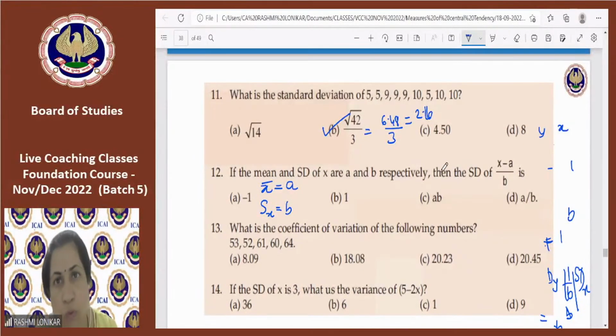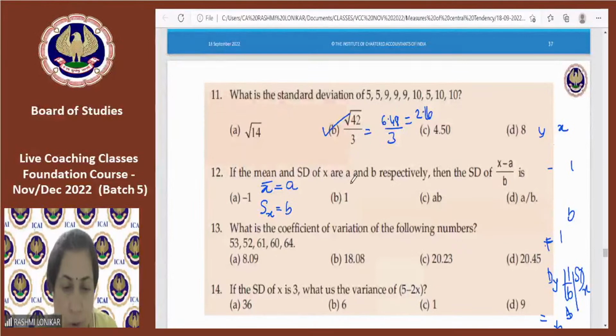Now, what is the sum? This is a sum of change of origin and scale, which means that y is equal to (x minus a) upon b.